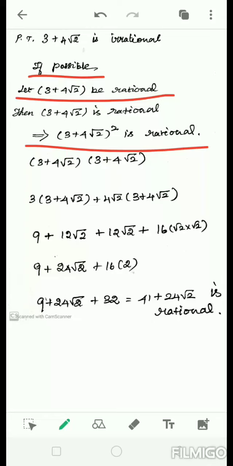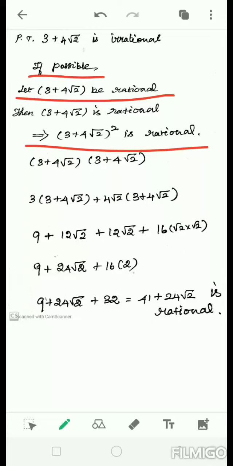So when I square a rational number, it also becomes a rational number. So here, 3 plus 4 root 2 is rational, my assumption. Now I am squaring this number, and after squaring it doesn't change, it is also a rational number. So now 3 plus 4 root 2 the whole square is rational.